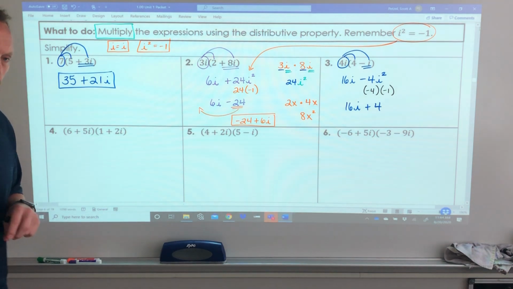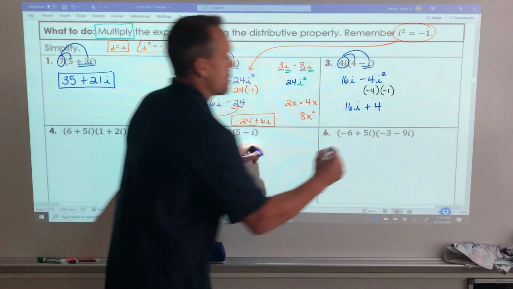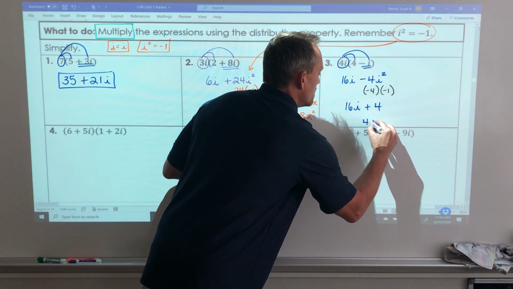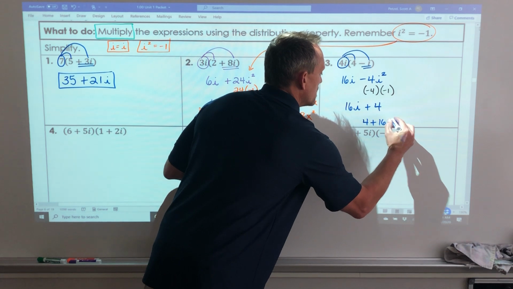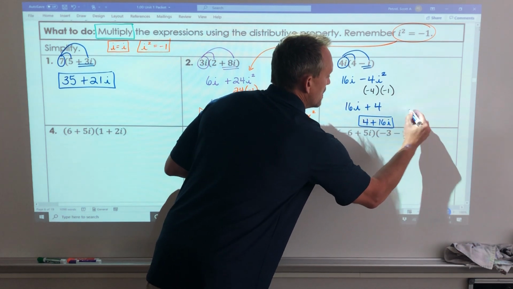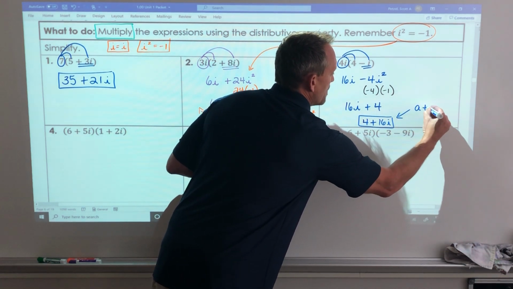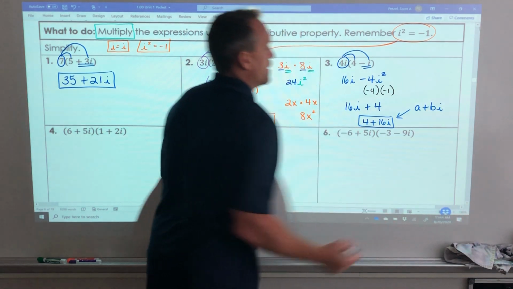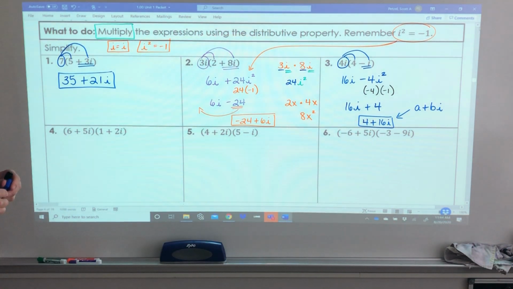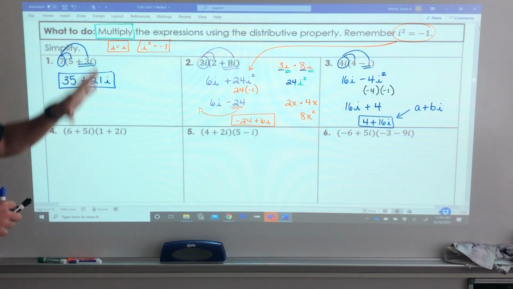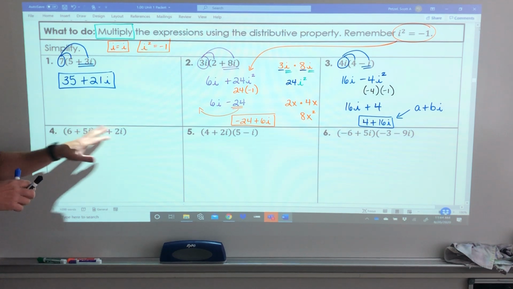It is not written in standard form, so we have to rewrite it in the form of a plus bi. It's not bi plus a. Okay, I'm going to leave that up there, maybe let that consume a little bit.